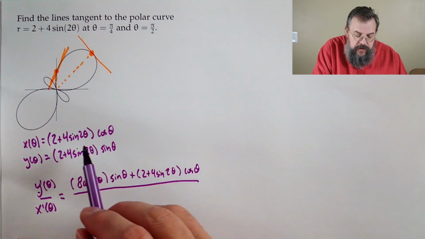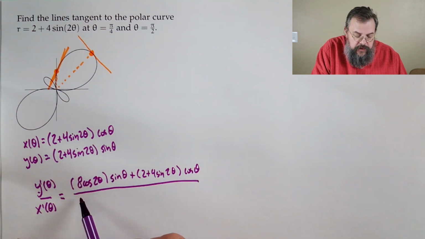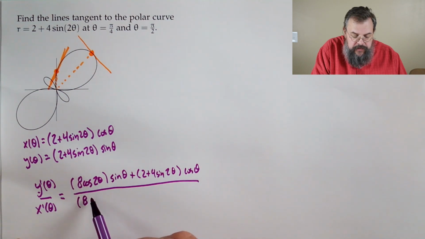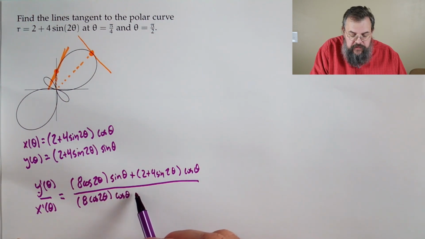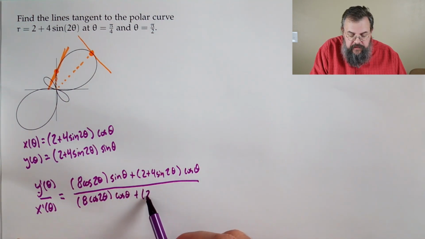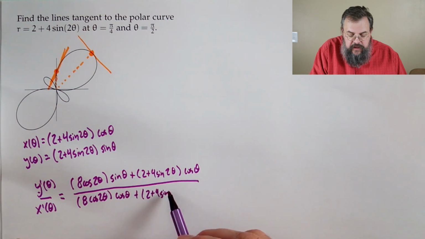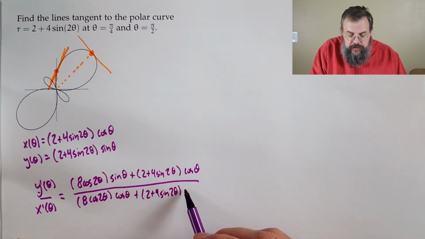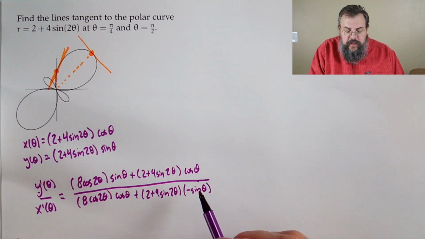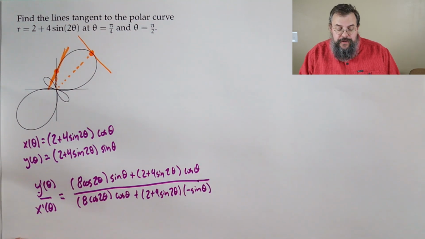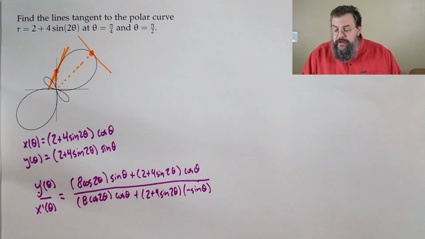Now, the denominator, take derivative of x. So derivative of the first, it's actually the same, we can just copy it from above, times the second, now it's cosine, plus the first, again just copy it from above, times the derivative of the second, which is negative sine. All right, and there we go. So that's going to give us our slope, and once we have that, we'll be in pretty good shape.